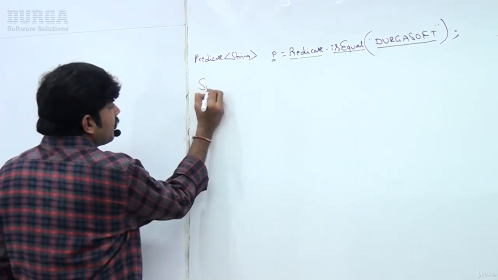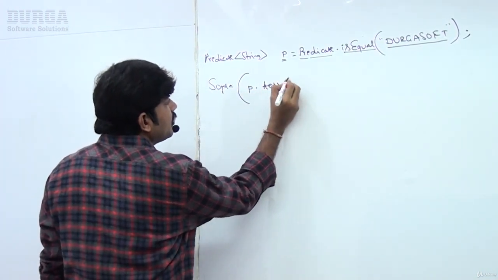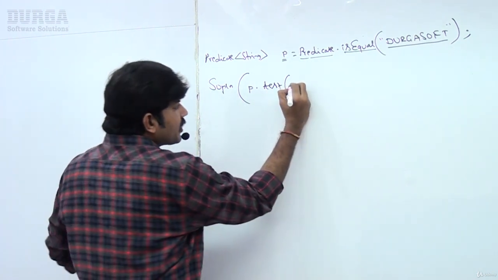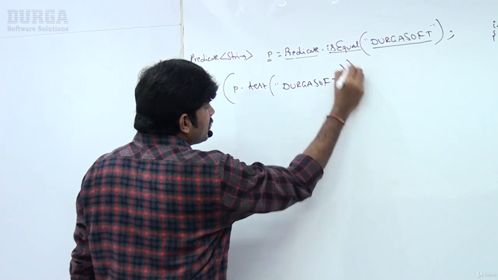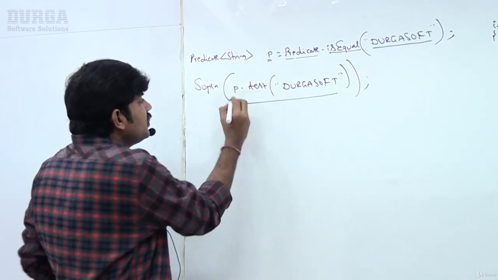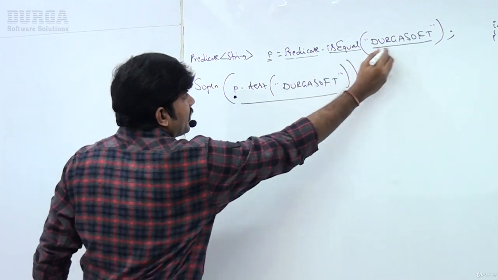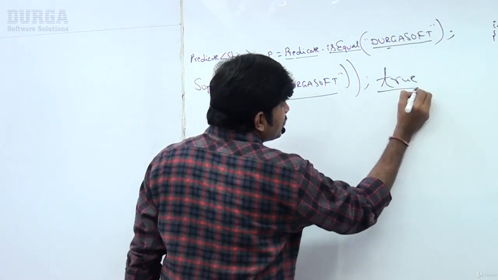System.out.println(p.test("Durgasoft")). What am I providing? Durgasoft. Now, is this Durgasoft equal to the content this predicate represents or not? Yes, that's why we get true as the answer.